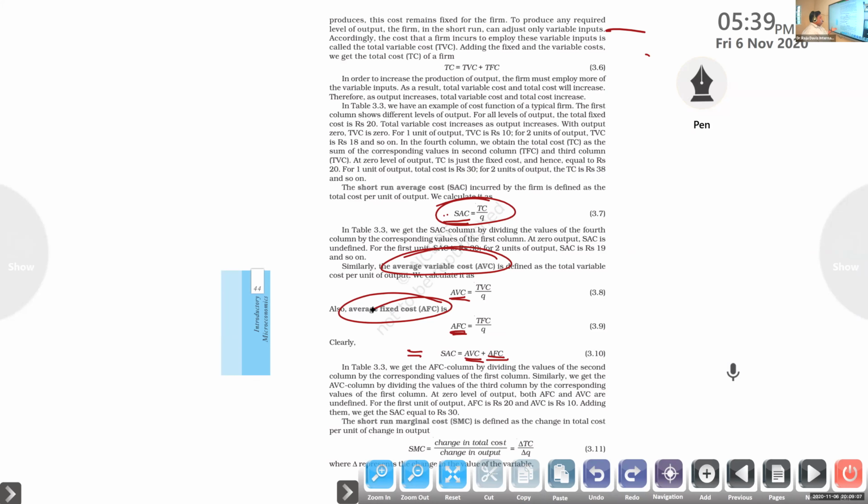Similarly, we get the AVC column by dividing the values of the third column by the corresponding values of the first column. Read it properly. At zero level of output, both AFC and AVC are undefined. For the first unit of output, AFC is 20 and AVC is 10. Adding them, we get SAC equal to rupees 30. Clear or not? So SAC is short run average cost, equal to average variable cost plus average fixed cost. That's it.